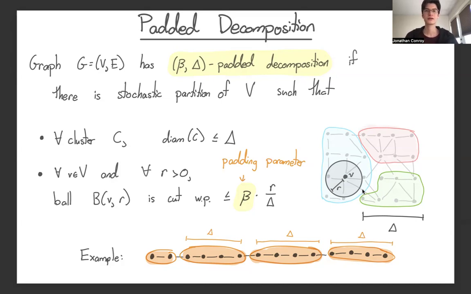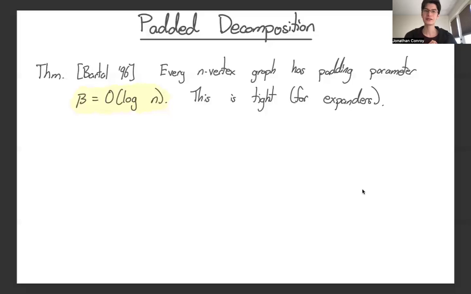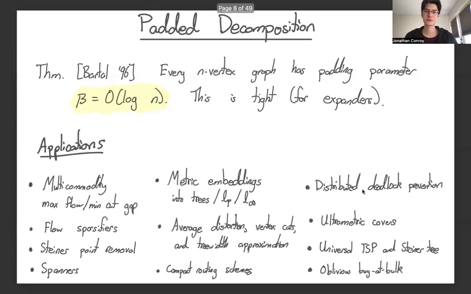Okay, so the padded decomposition was introduced by Bartal in the 90s, and he showed that every n-vertex graph has padding parameter log n. Moreover, this is tight. For example, for constant degree expanders, we need padding parameter at least log n. So Bartal was motivated by metric embeddings into trees, and some other early work on padded decomposition type things were motivated by flow cut gaps.